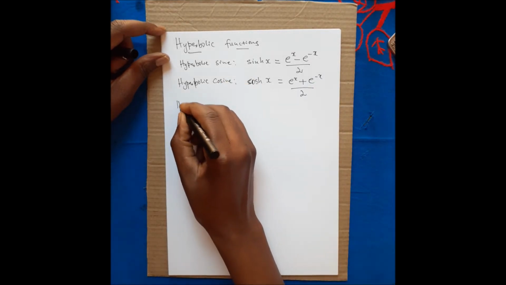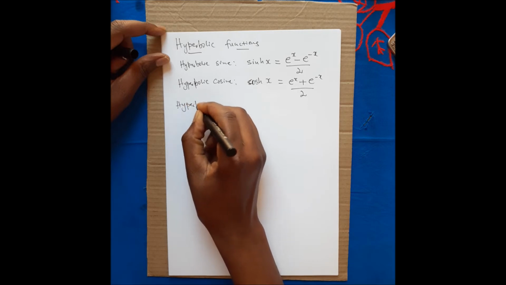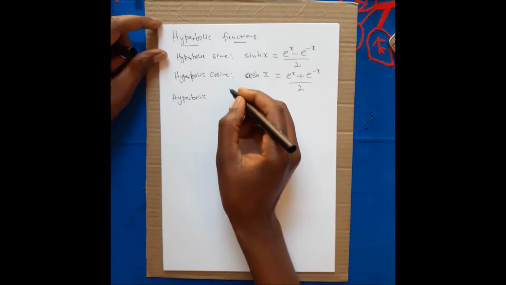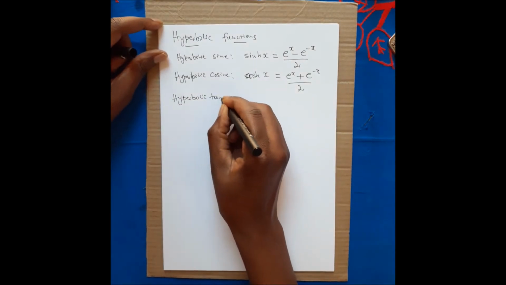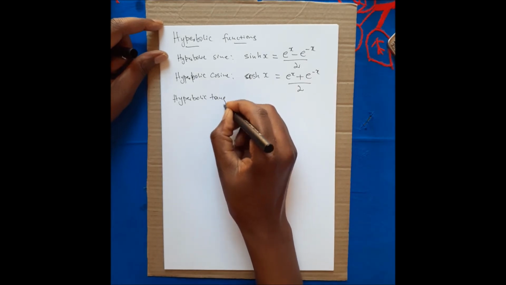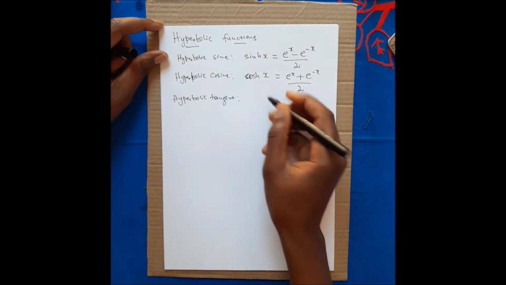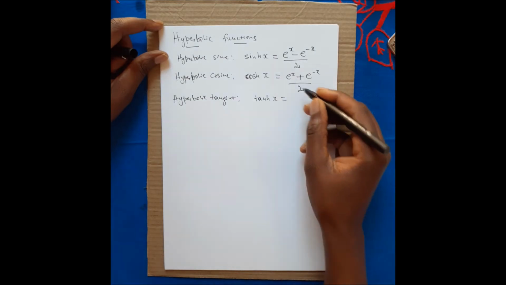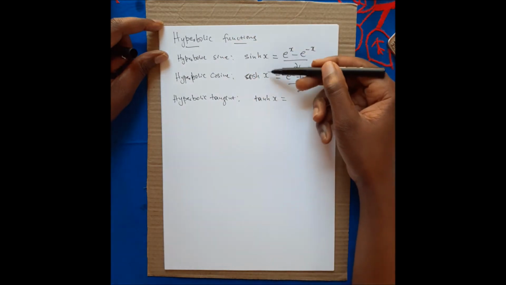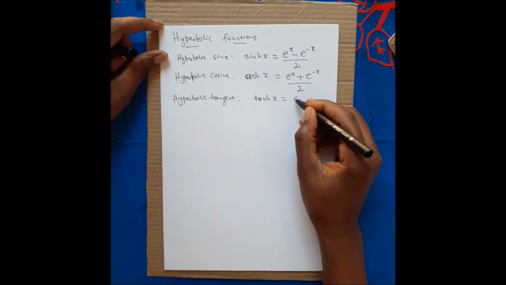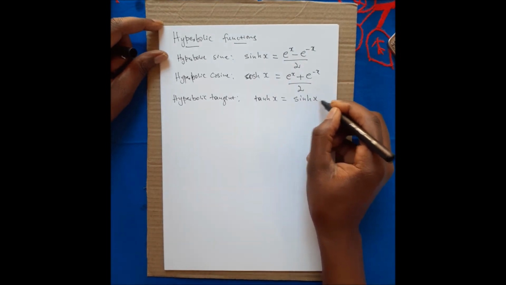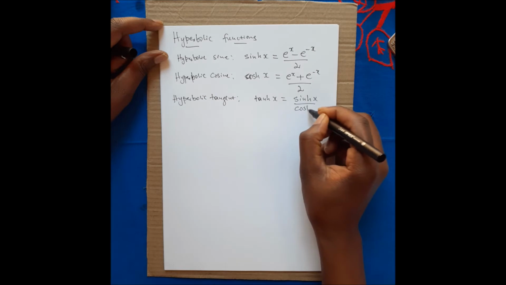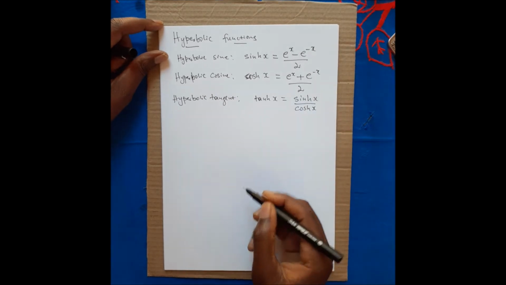Then the hyperbolic tangent is just tanh of x, which is given in terms of these two, like in trigonometry, sinh of x over cosh of x, like that.